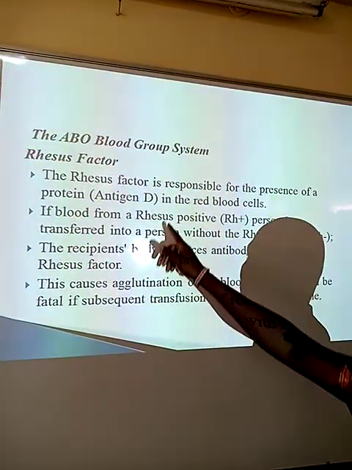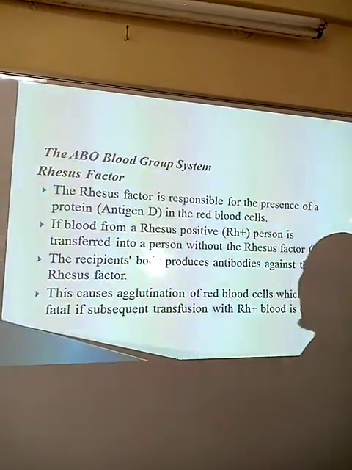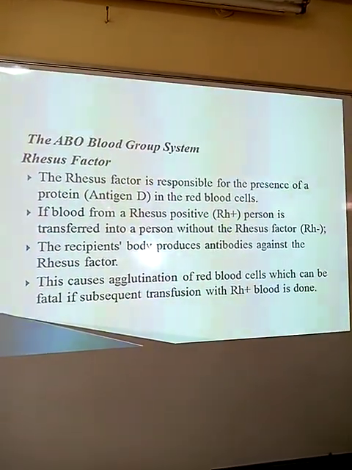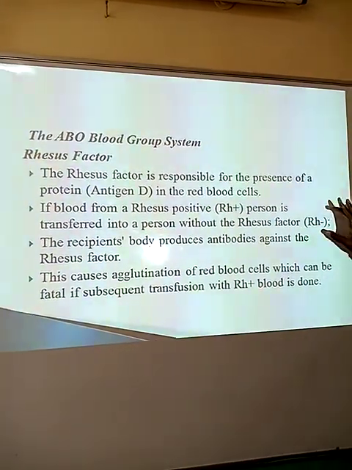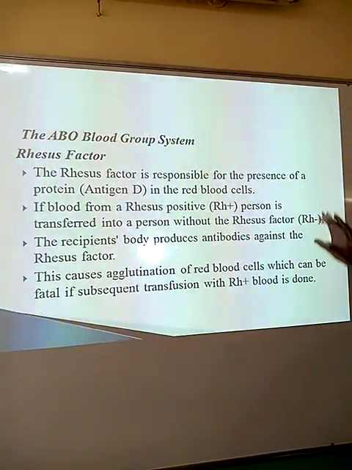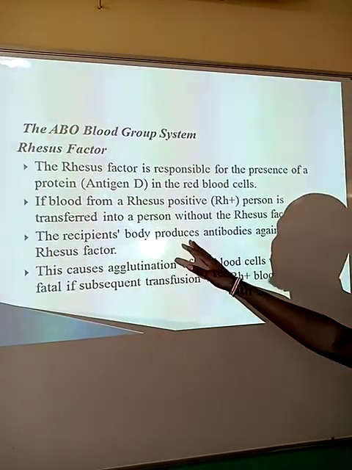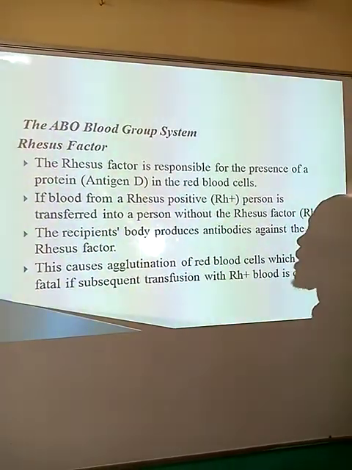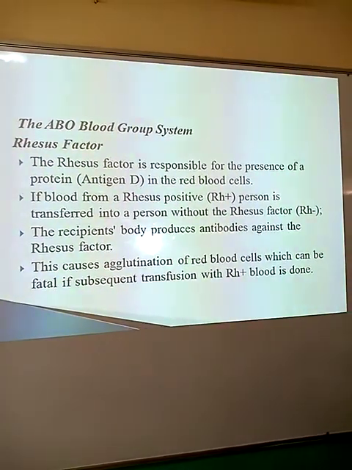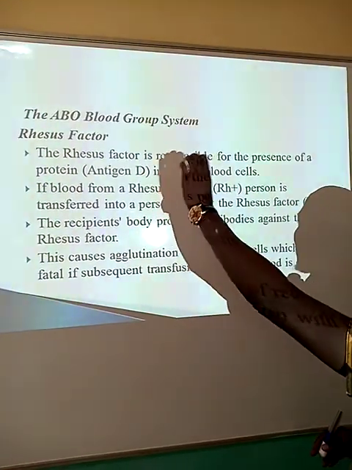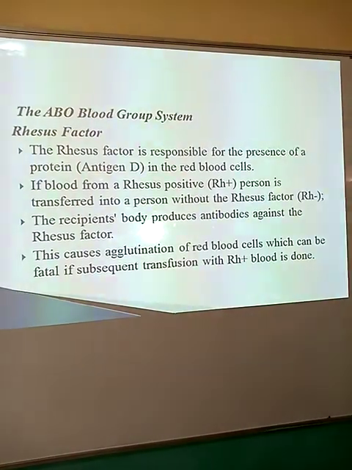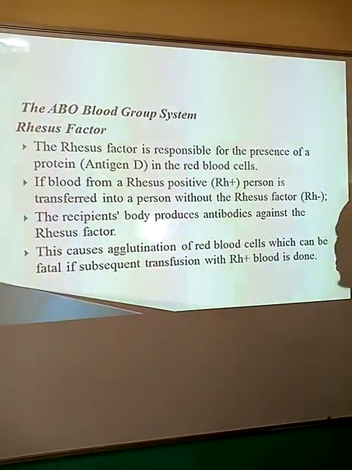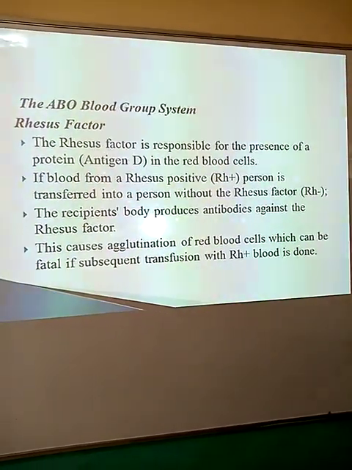If blood from a rhesus positive individual is transferred into a person without the rhesus factor, that means a rhesus negative individual, the recipient's body produces antibodies against the rhesus factor. For example, if rhesus positive blood is transfused to a rhesus negative individual, then the offspring will be rhesus positive.